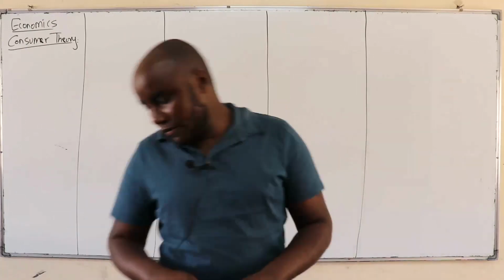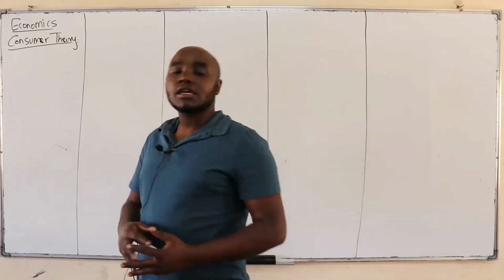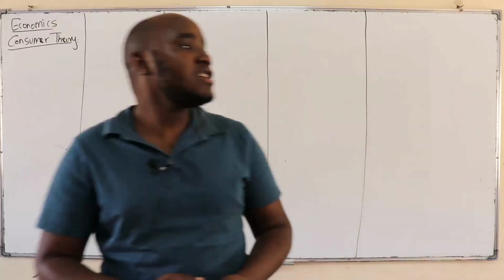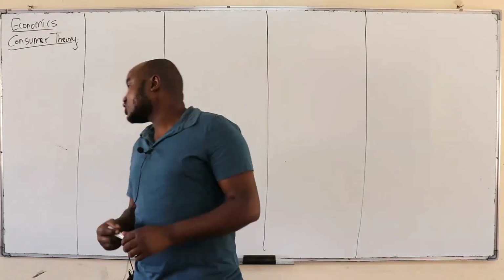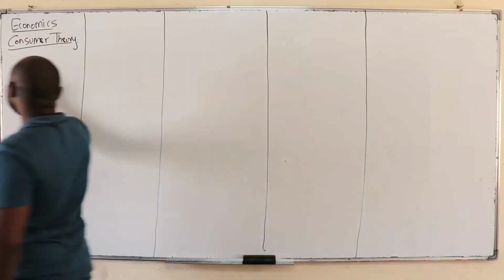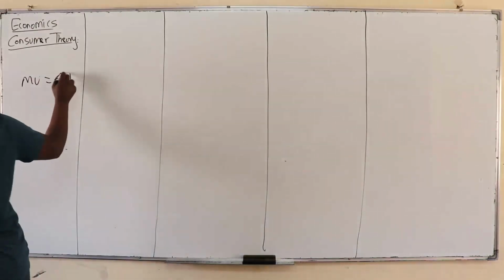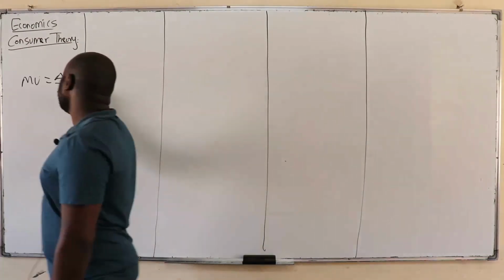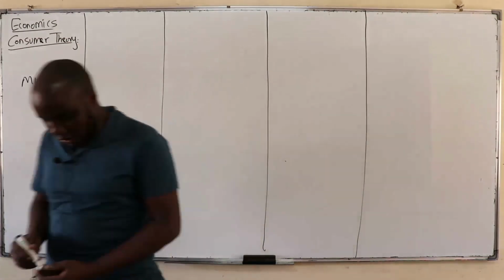We also said marginal utility is the change in total utility divided by the change in quantity.